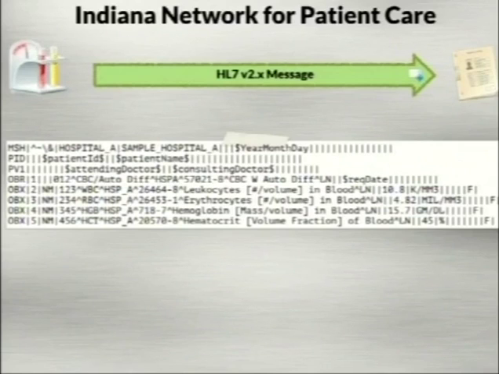A version 2 message is ASCII text, so it's something you can just look at and read. The key things are that the vertical bars are kind of like database fields. They segregate the information into separate buckets, and each field delineated by those vertical bars has an expected kind of information. The rows signify different segments of information.